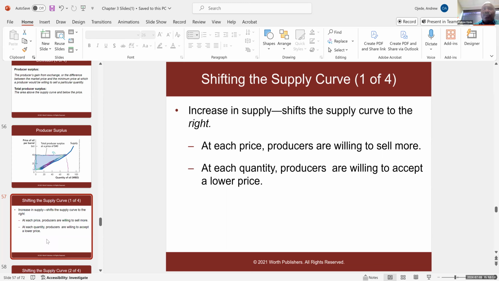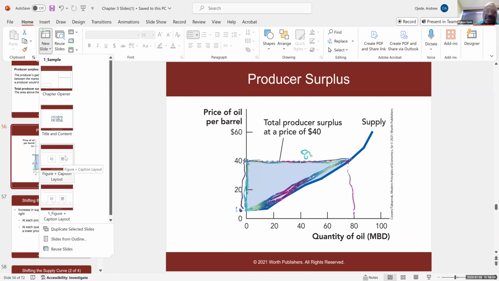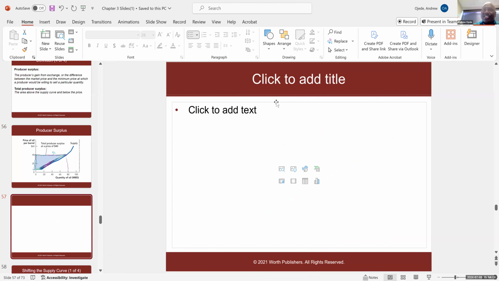Now, just like we talked about the difference between a change in quantity demanded and a change in demand, we're also going to talk about a change in quantity supplied and a change in supply. Same concept, but here with supply. There's a fundamental difference.